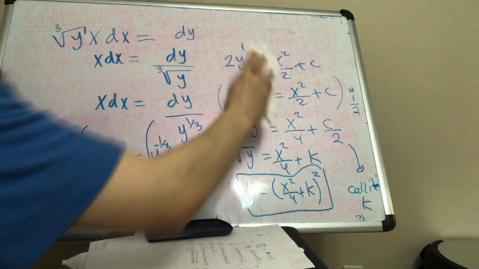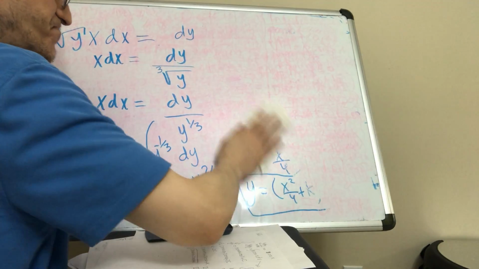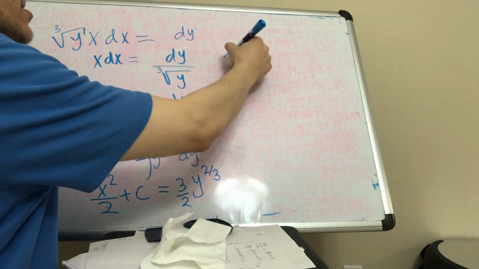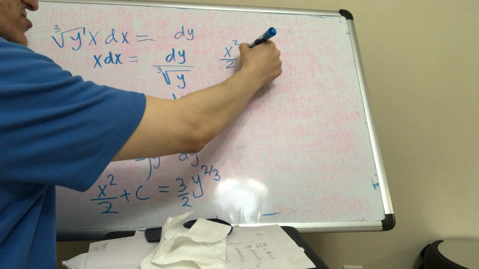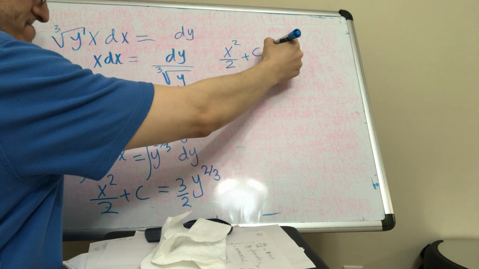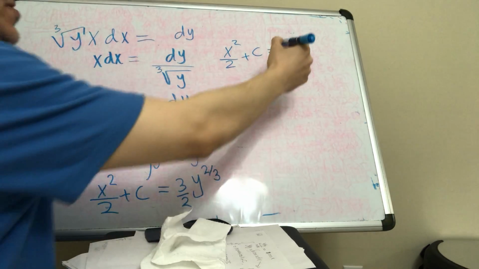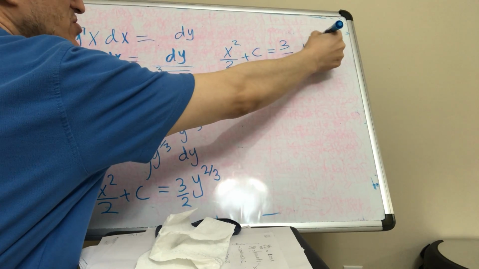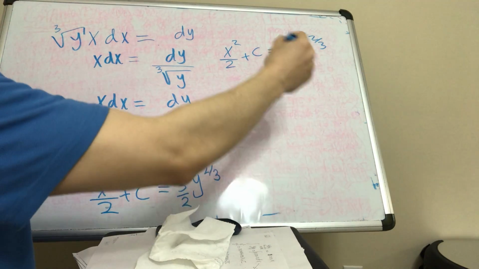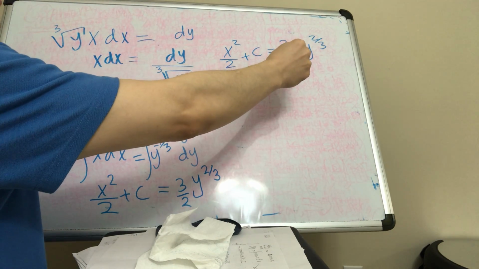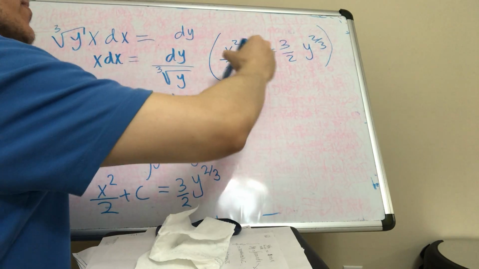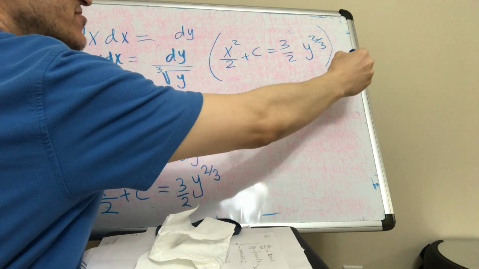So now we have x squared over 2 plus c, and 3 over 2 y to the 2/3. To get rid of the 2 over 3, I'm going to multiply this whole thing by 2/3.